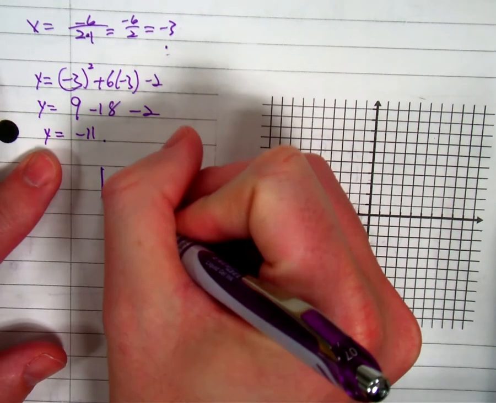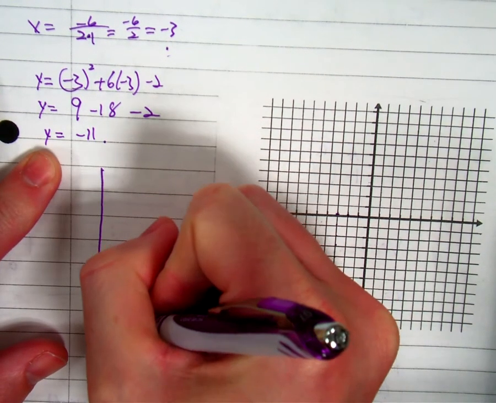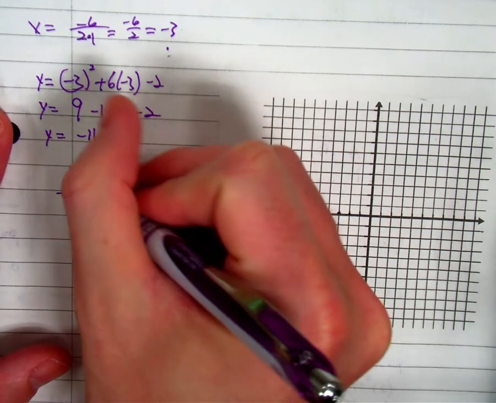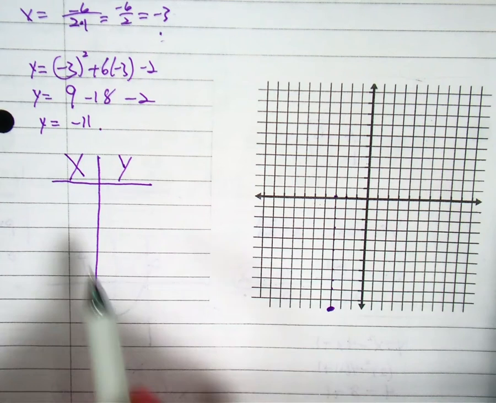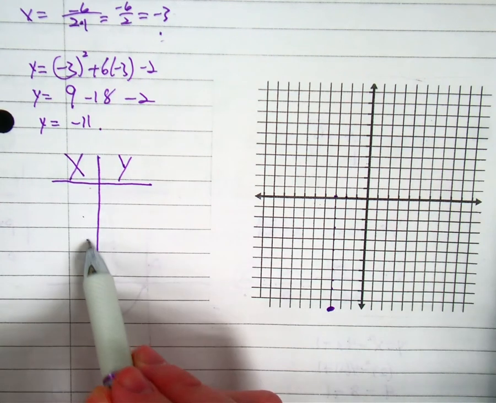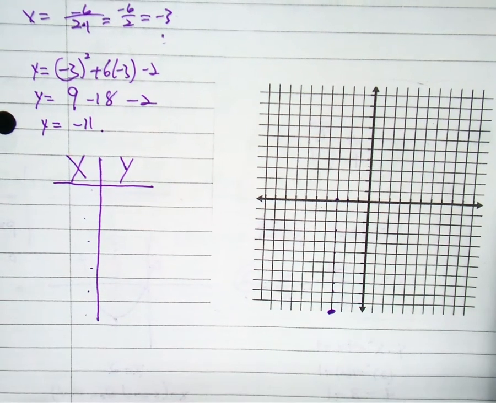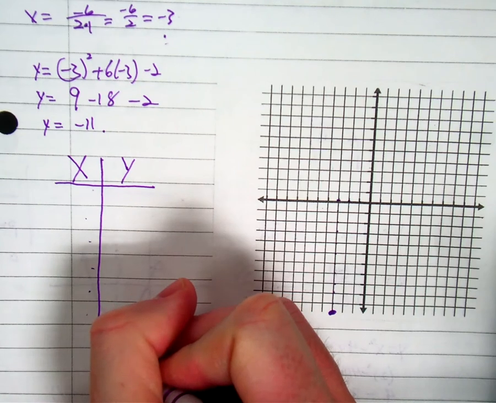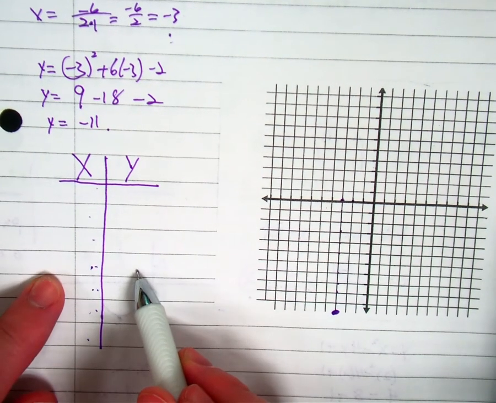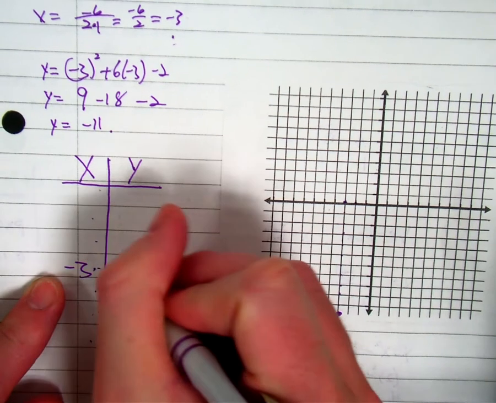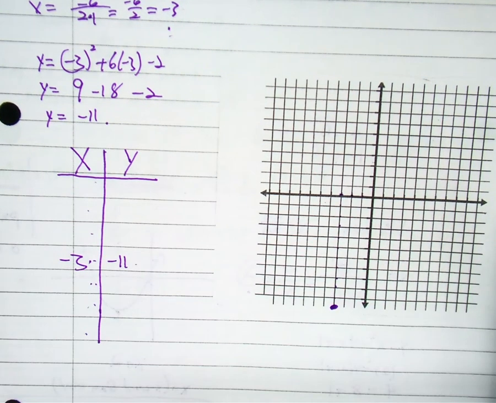So what I suggest here, at least for the first lesson, is make an XY chart. Make sure we got 1, 2, 3, 4, 5. Yeah, we got at least 5 blanks. I might go 7 just to go a little extra. You're going to put your vertex in the middle, -3, -11.